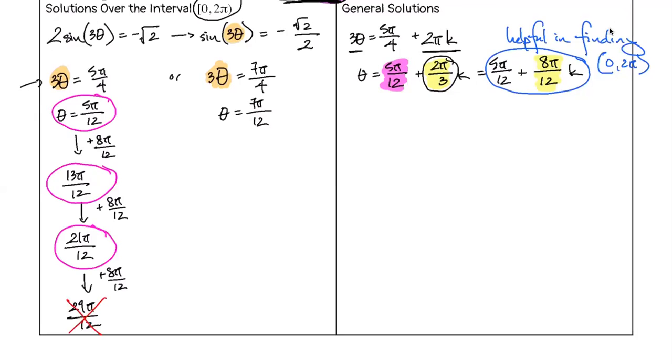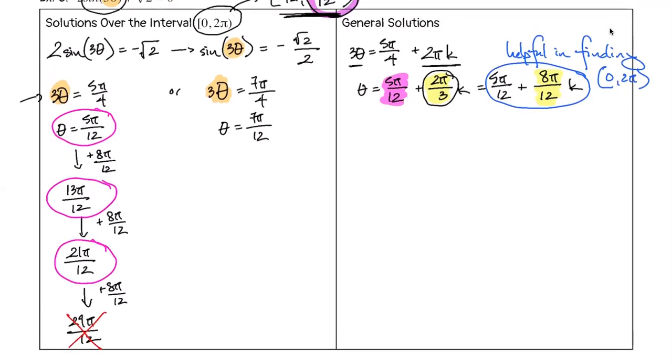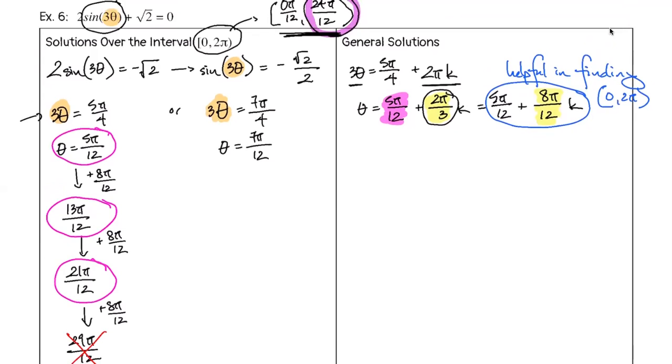So that's like when you get 22 in blackjack. Sucks because you went over, so you lost, okay? So we want to get everything that is up until 24 pi over 12, but not after it, for the solutions between 0 and 2 pi, okay?